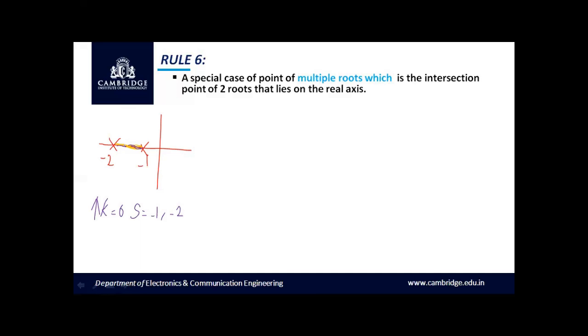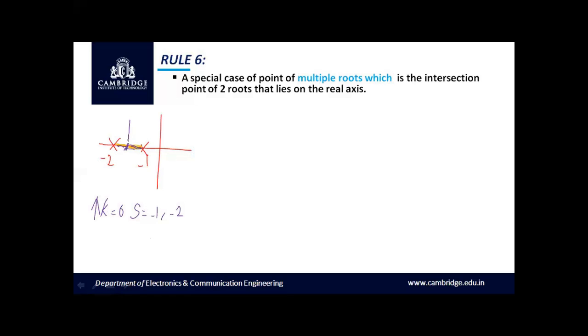As k keeps on increasing, these two branches which are emerging from -2 and -1 will meet at a single point exactly on the real axis. That is, the two roots meeting at the same point for a particular value of k.